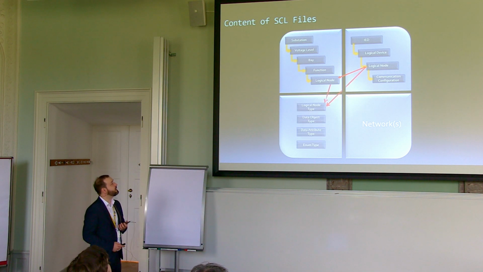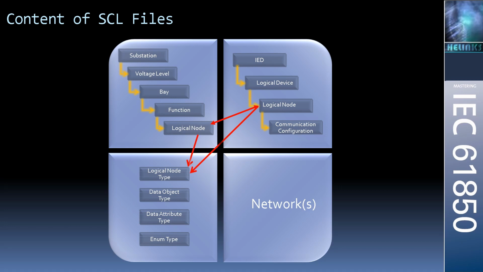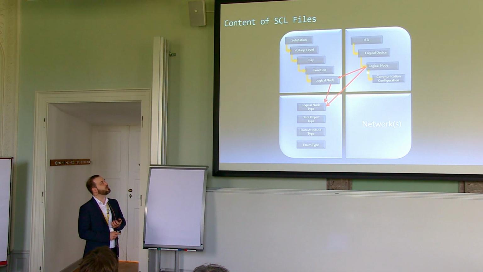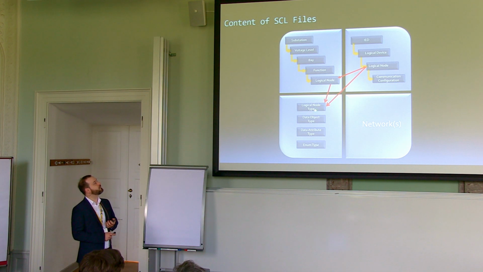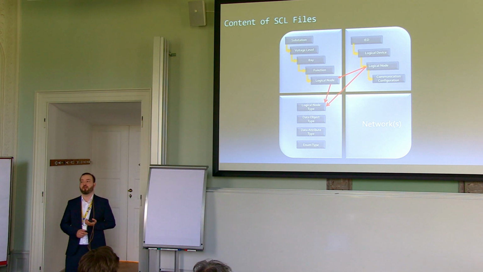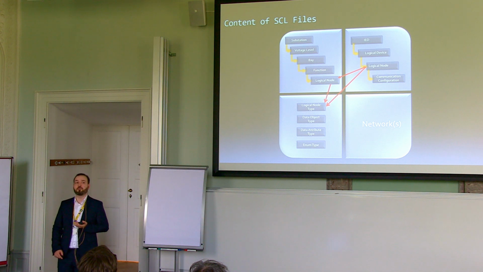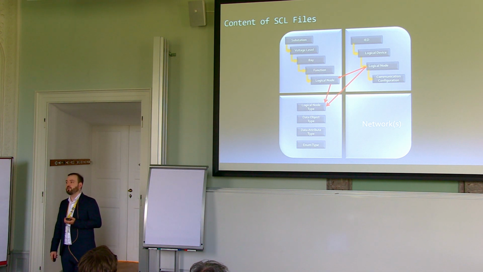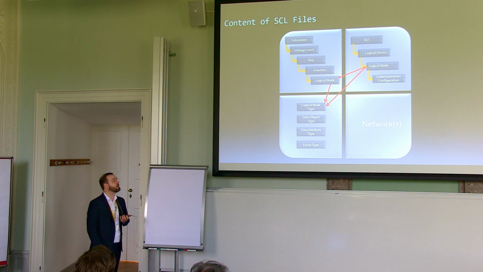These logical node types are found in the data type section. Every single logical node, whether unmapped in the substation section or present in the configuration of a device, will have a reference that needs to be defined in the data type section. If you don't have a reference for the logical node in the data type section, pretty much every tool that exists will complain a lot.